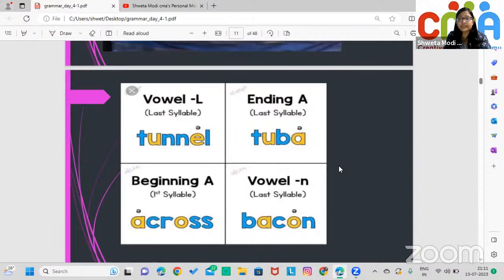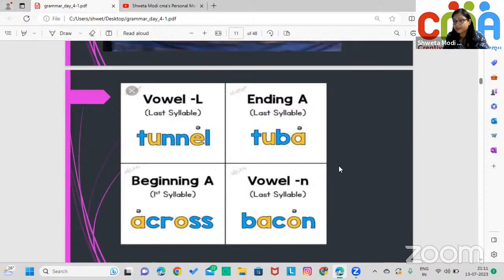Then, most of the time, the last syllable ending with letter A, or a word beginning with letter A, like tuba and across. And ON: for ON words, O is mostly or almost always schwa.